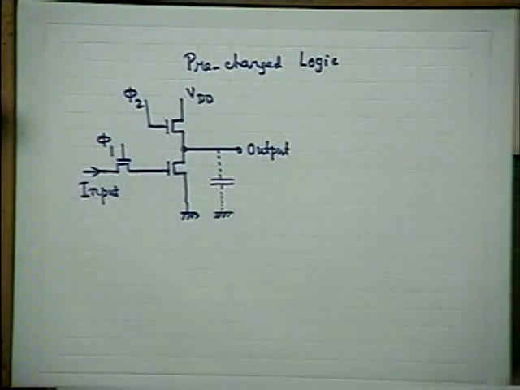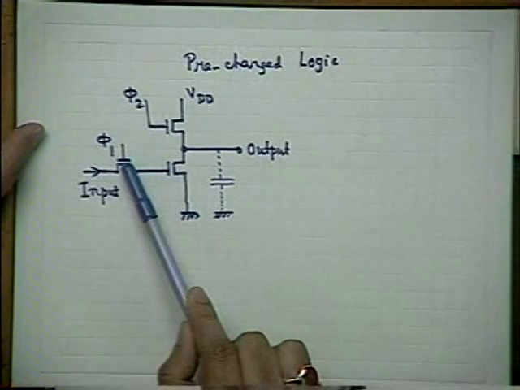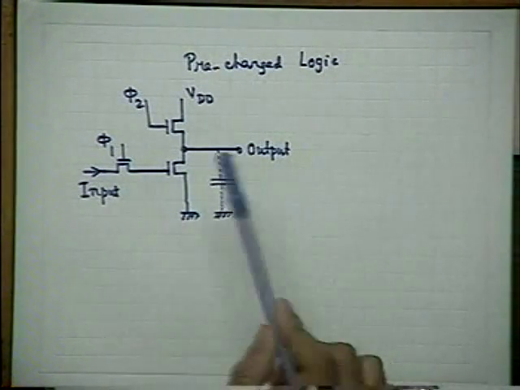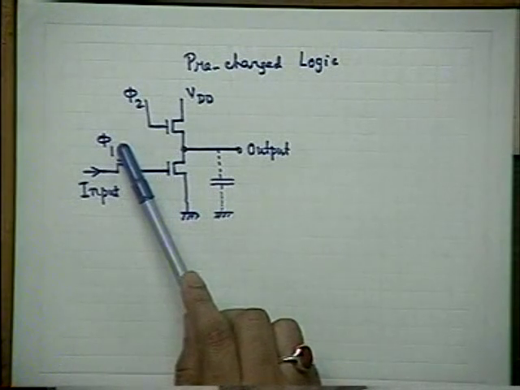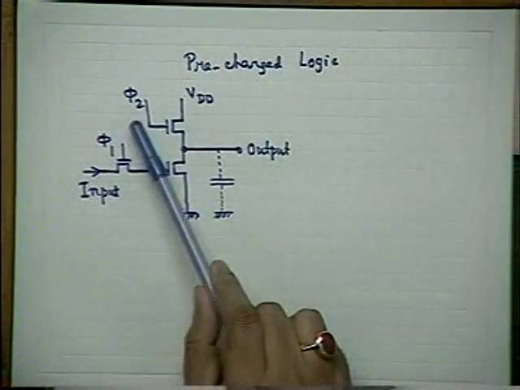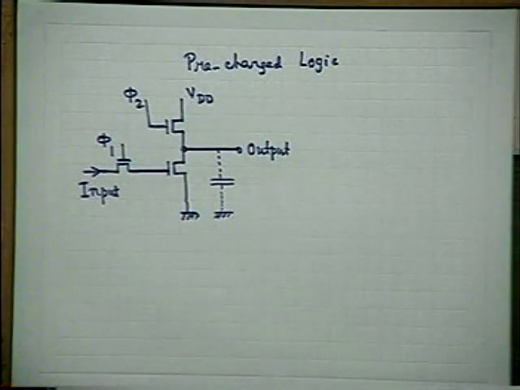In this case, you see that the steering gate, the pass transistor at the input, is driven by a clock phi 1, whereas the adjacent load transistor is driven by another clock phi 2, and these are two non-overlapping clock pulses.